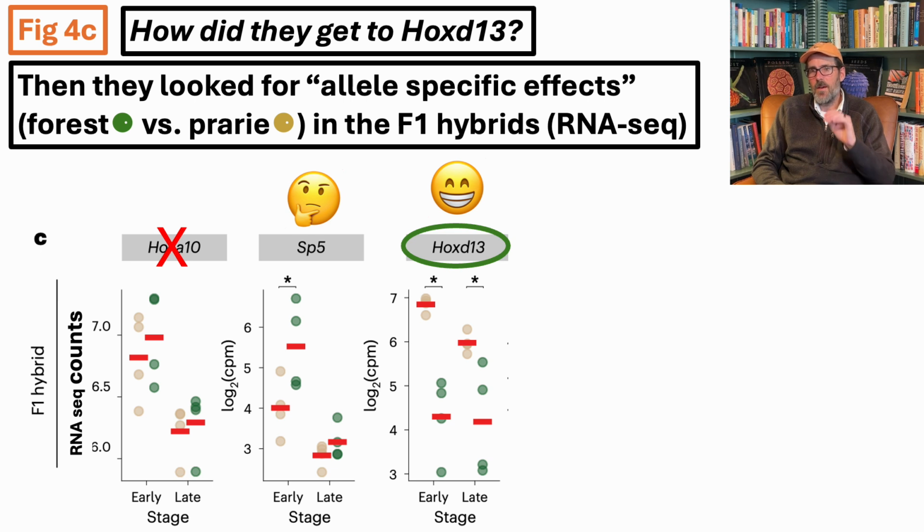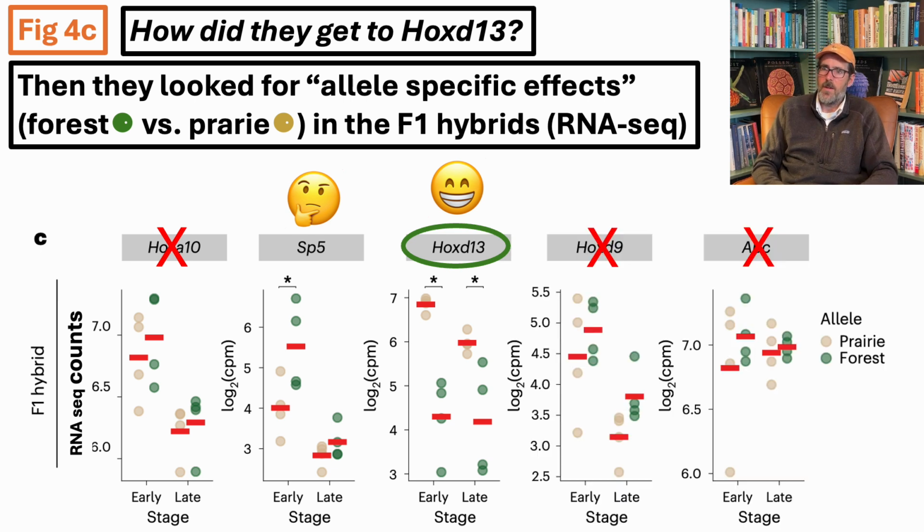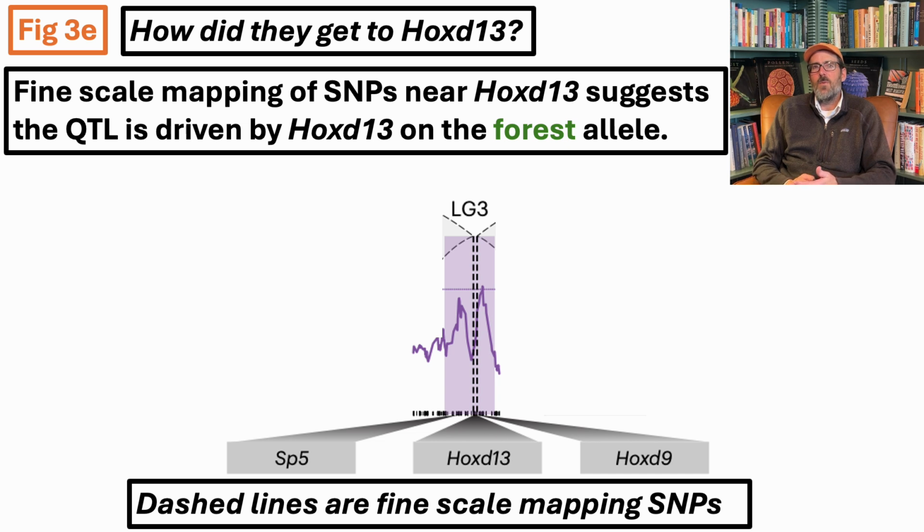So they're pretty happy about that result, I would say. HOXD13 seems to be the major player, and then the other 2 genes don't turn out to have an allele-specific effect. So this is like getting way down into the weeds, but that is HOXD13.